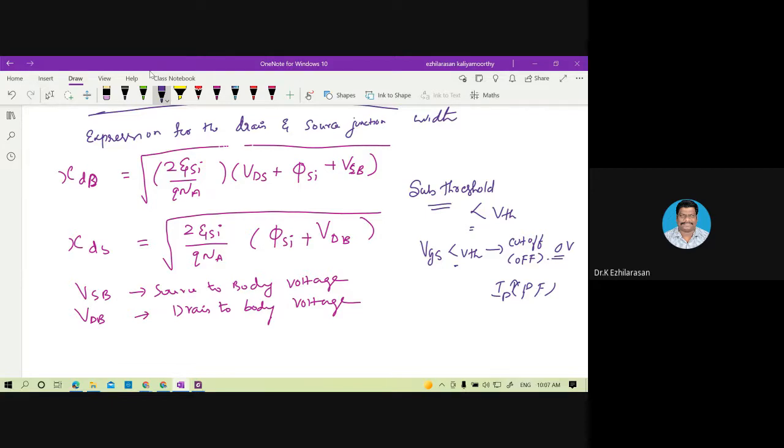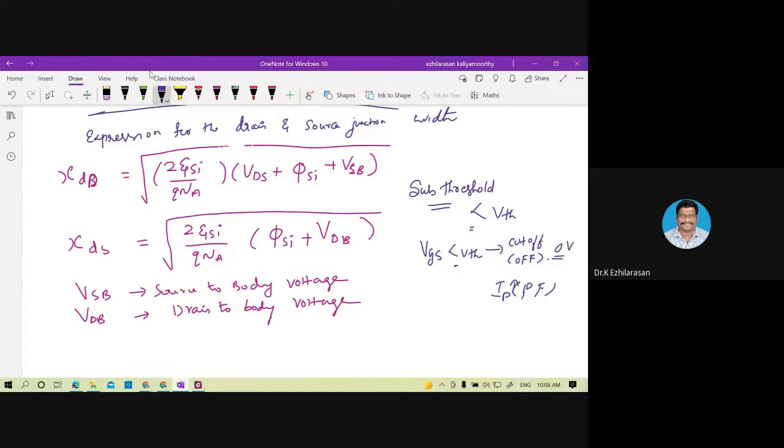That problem we can call drain induced barrier lowering. Normally, the depletion region width on the drain side will be larger than on the source side. So the drain depletion continues to increase with the bias, and it actually interacts with the source.